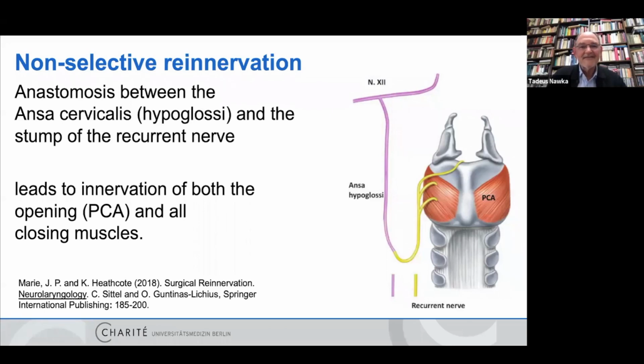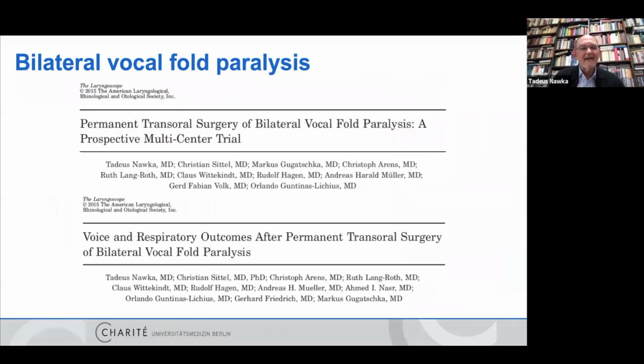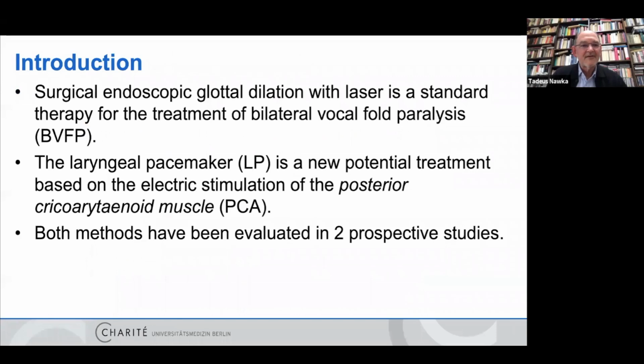So the non-selective reinnervation serves for the treatment of unilateral vocal fold paralysis. And now let's talk about the bilateral vocal fold paralysis, where we have different possibilities, but by now still we have to stick to the permanent transoral surgery, which means a permanent opening with the conventional methods, and I would like to show that to you.